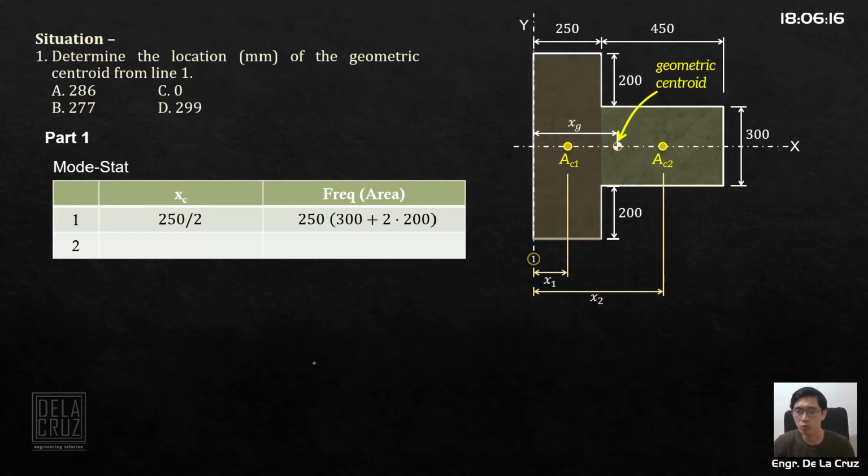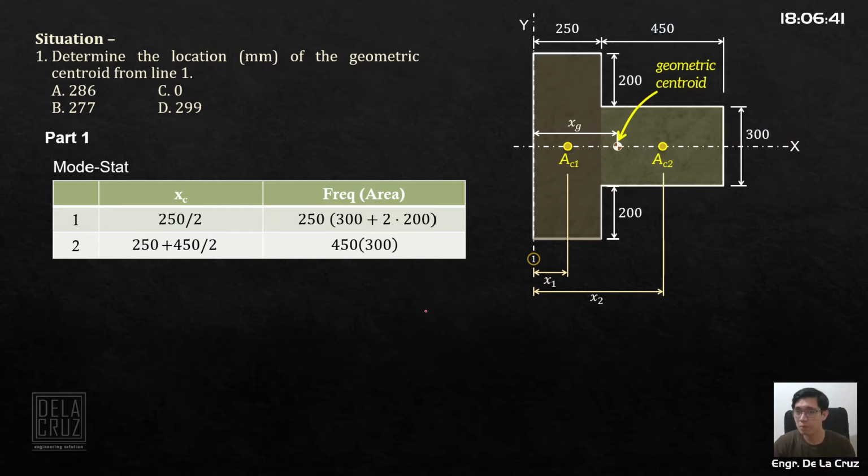For section 2, this x sub 2 is 250 plus half of 450, since it is at the middle. And the area of section 2 is 450 times 300.